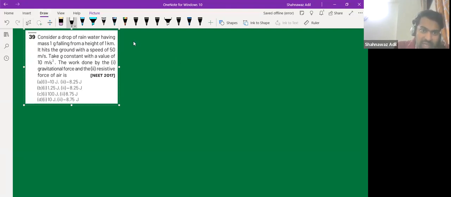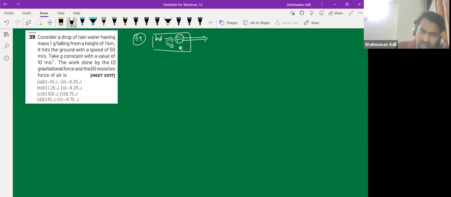So how can we calculate the work done? We can calculate the work done by force, or we can calculate the work done by kinetic energy. These are the only two methods that we have. If we are given the force, we calculate the work done by force.